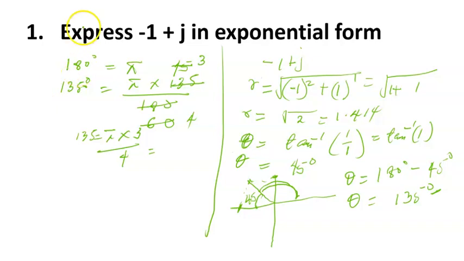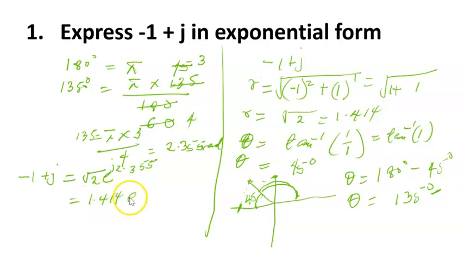That's 2.355 radians. So I can now write my z, which is minus 1 plus j, as my r, which is 1.414, that's root 2, so I can write it simply as root 2 e^(j2.355), or I can also write it as 1.414, which is the value of root 2, e^(j2.355).